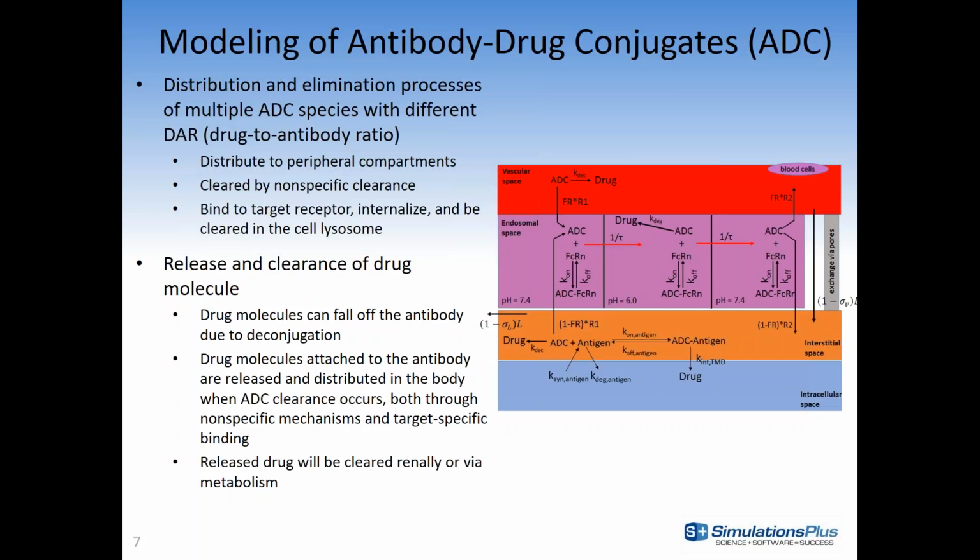The ADC species, the antibody-drug conjugates with various drug-to-antibody ratios, can distribute and clear by the same mechanisms as an antibody would.